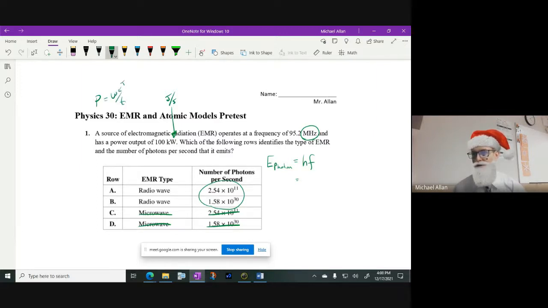I can use that knowledge that this has to be a joule to figure out what h value to use. So I'm going to use the 6.63 times 10 to the negative 34 joule second version of this number, and type in the frequency as well. Megahertz, so I'm going to make sure that's times 10 to the 6. I'm going to get rid of that prefix.